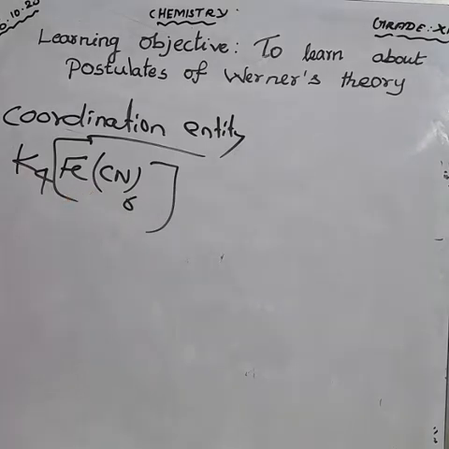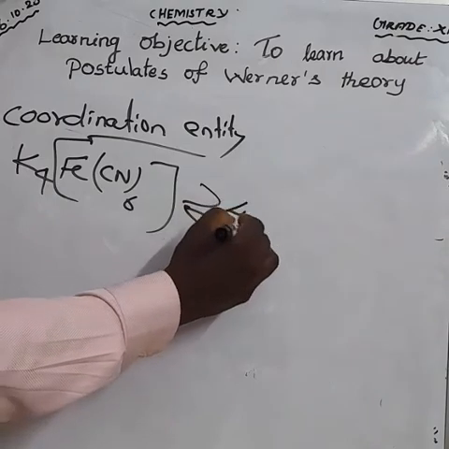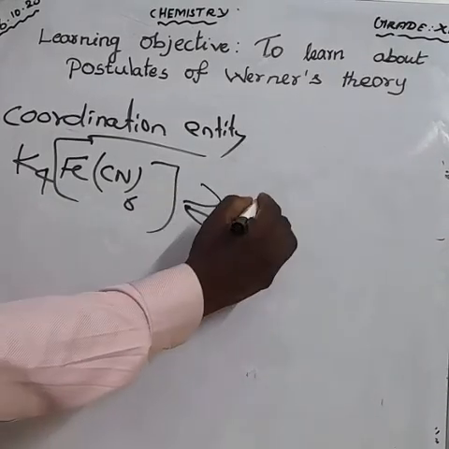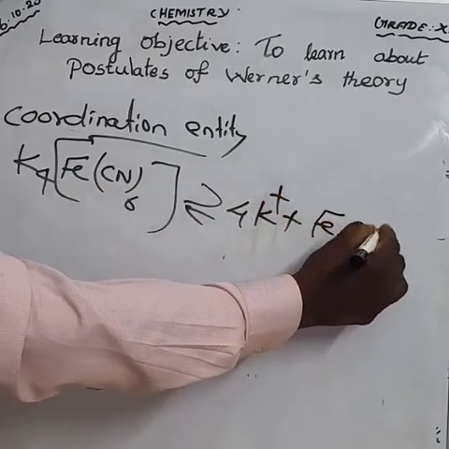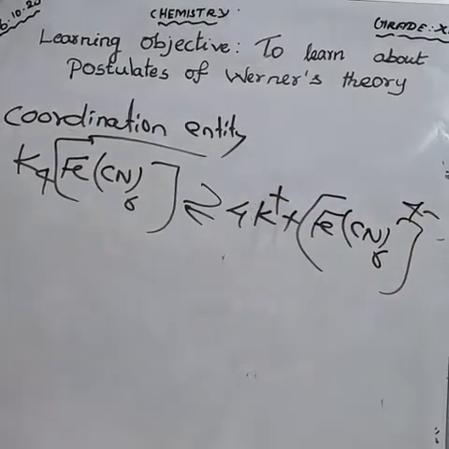For example, K4[Fe(CN)6] gives 4K+ and [Fe(CN)6]4-. This is the complex.